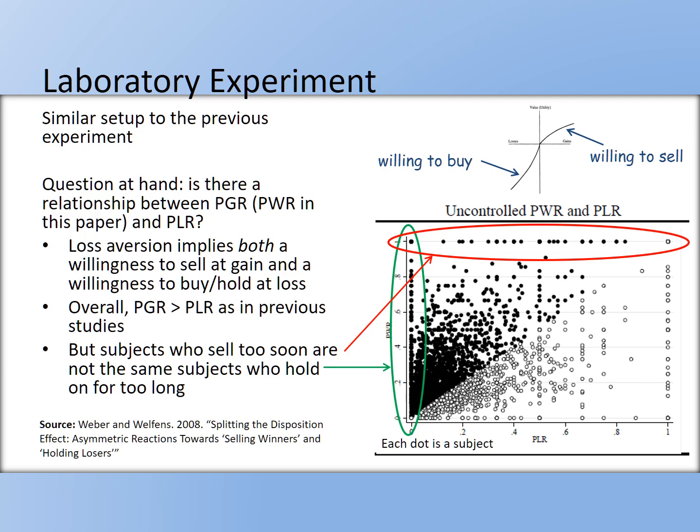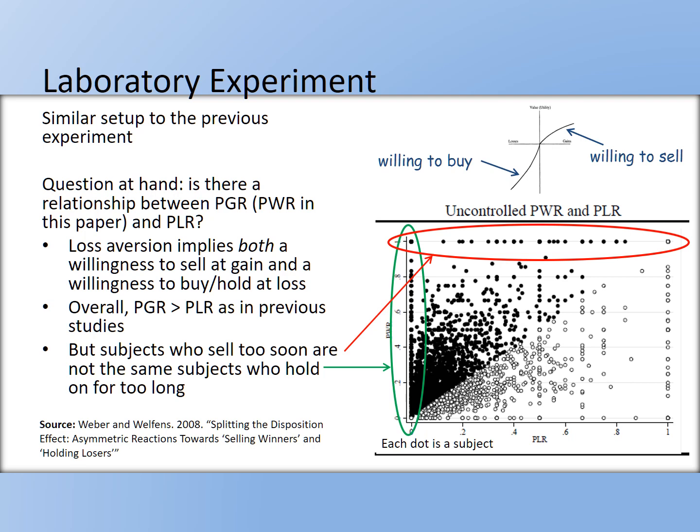And right here, what we see is that people who are never willing to sell at a loss seem to range from people who are unwilling to sell at a gain to very willing to sell at a gain. There is no discernible pattern to say that the same people who are unwilling to sell at a loss are the people who are very willing to sell at a gain.